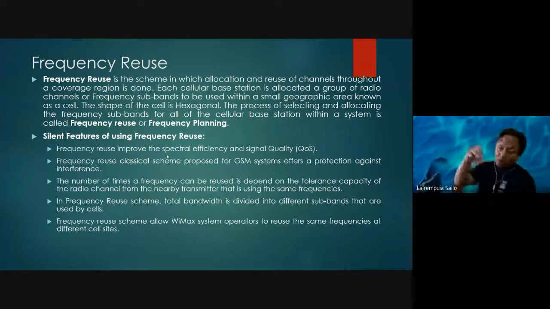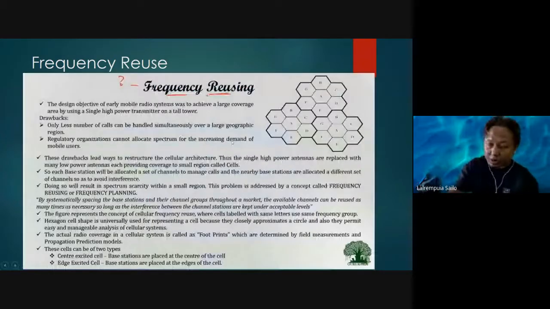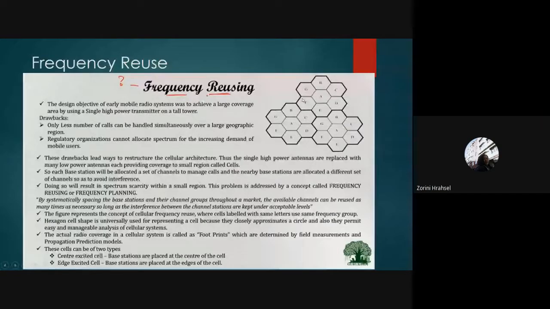Let me go to the next slide. Did you see this cell? Yes, sir. This graphic.